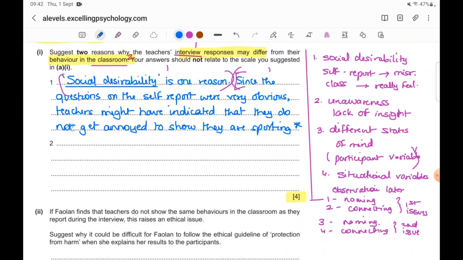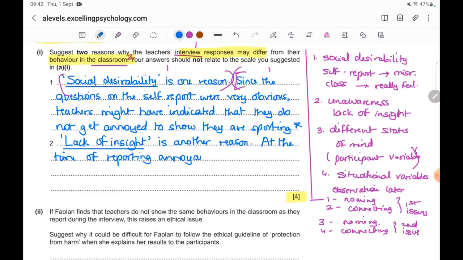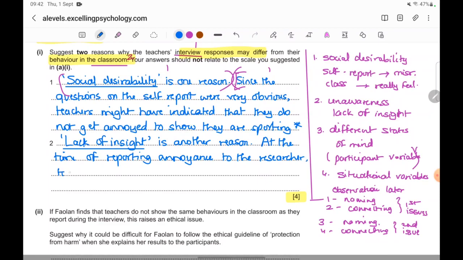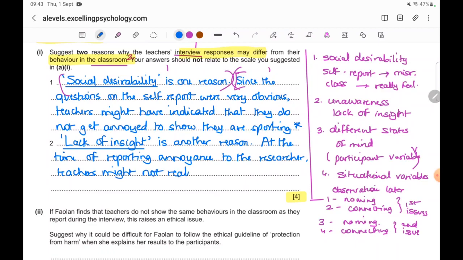Lack of insight is another reason. At the time of reporting annoyance to the researcher, teachers might not realize truly how annoyed doodling makes them feel.